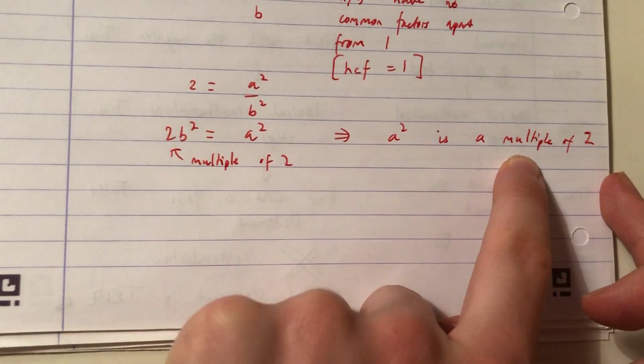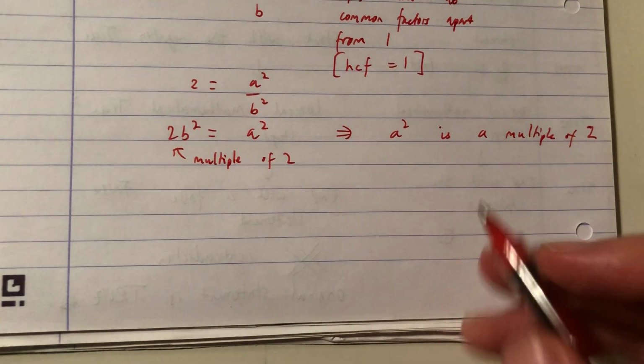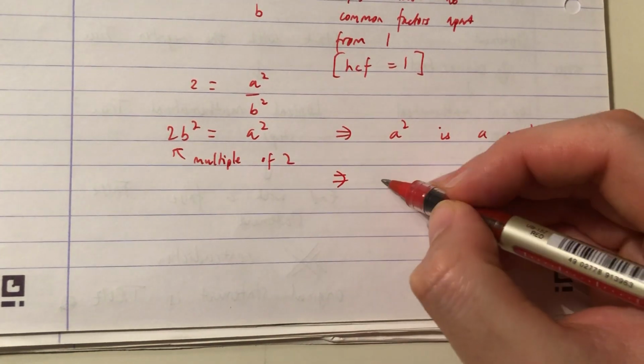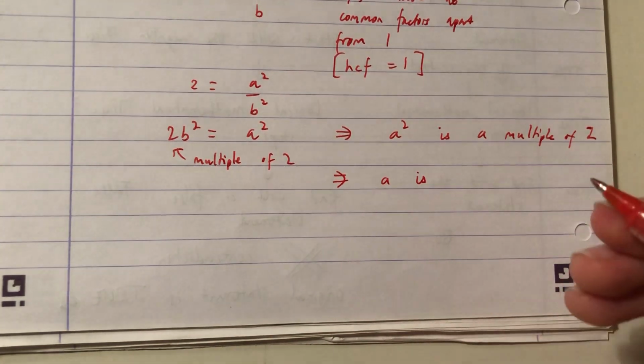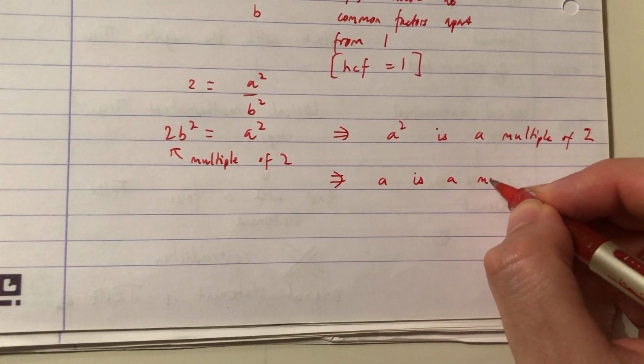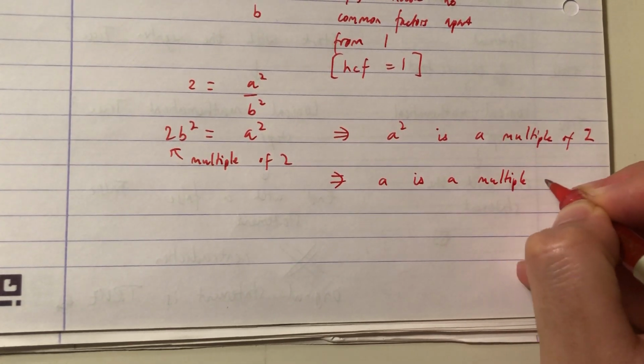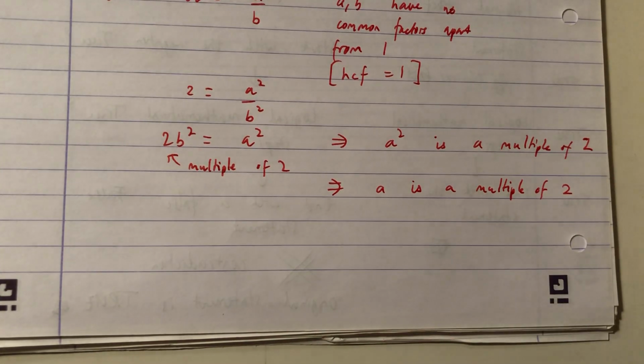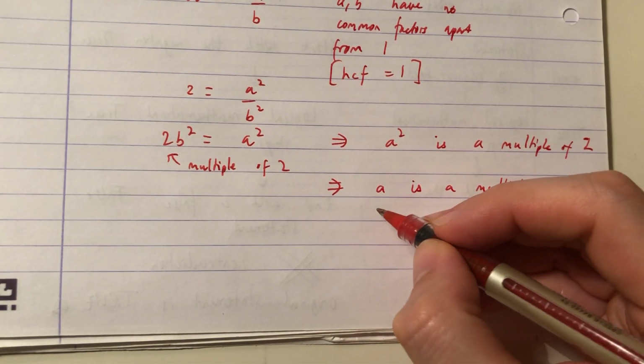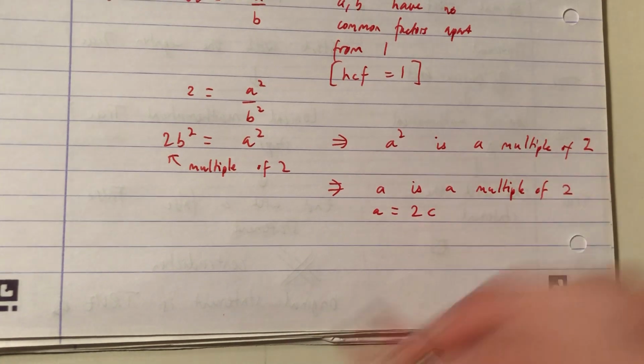If a squared is even, a must be even. You can safely say that a is also a multiple of 2. If a squared is a multiple of 2, which I've just rearranged to find, then a would have to be a multiple of 2 as well. If a is a multiple of 2, I can write it as 2 times something.